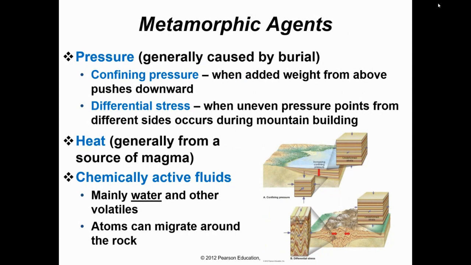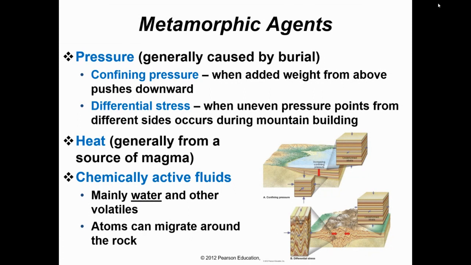Now, there are two different types of pressure. One I call confining, where you just have weight from above that's pushing downward. That's just simple confining pressure. Differential stress is a type of pressure where, imagine a box that's a square, and you've got four sides and then a top and a bottom.